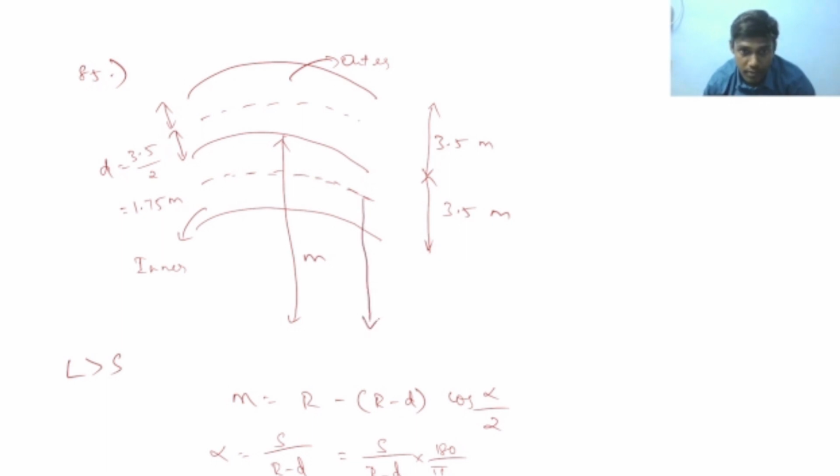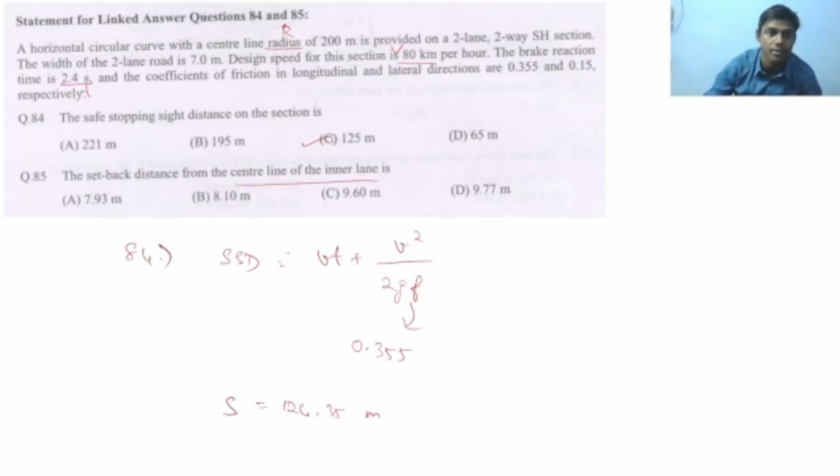They have told to find out this distance, but we have found out this distance. So this distance will be equal to m minus d. Required answer is equal to m minus d. So it will be 11.52 minus 1.75, and it is equal to 9.77 meter. 9.77 meter is the right answer. So option D is the right answer.